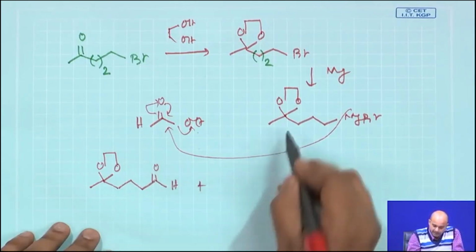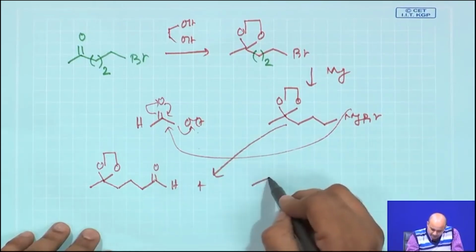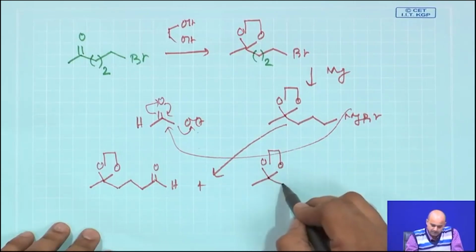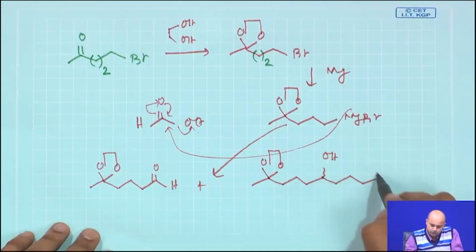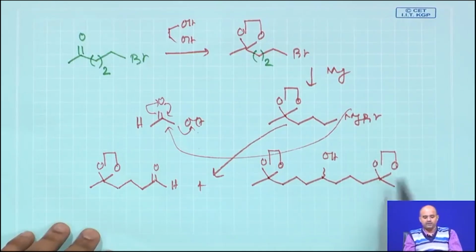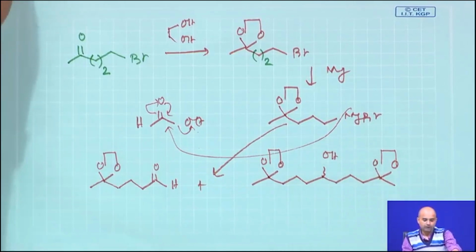Then another equivalent of Grignard again attacks here, and then you basically get this OH, and this CH2. Now see, this intermediate which we are talking about has almost arrived.